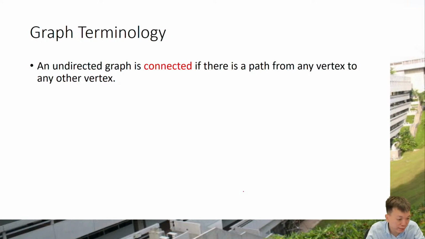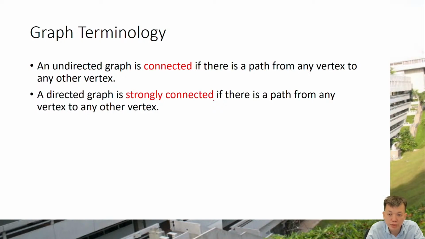An undirected graph is connected if there is a path from any vertex to any other vertex.